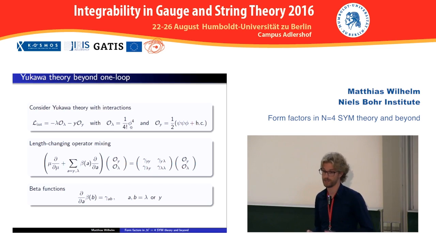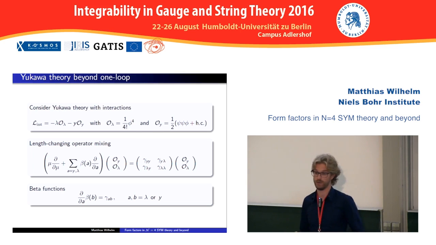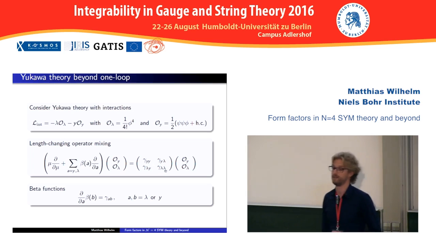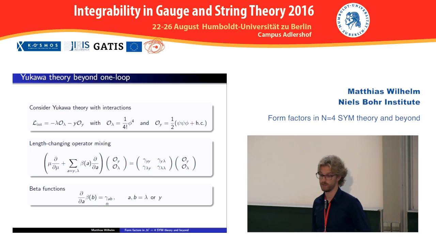Although these operators have a different number of fields, 3 and 4, so a different length, they do mix under renormalization. The mixing matrix has diagonal elements YY and lambda lambda, as well as off-diagonal elements Y lambda and lambda Y. As in the case of Yang-Mills theory, the anomalous dimension matrix elements are moreover connected to derivatives of the beta functions.